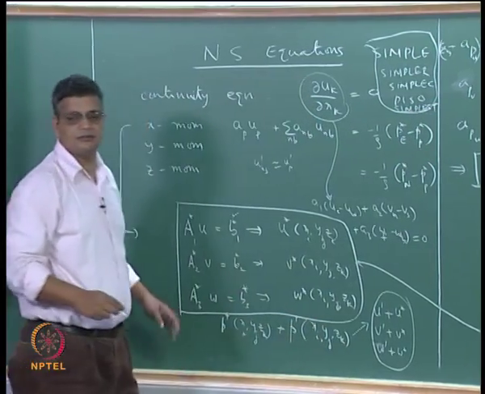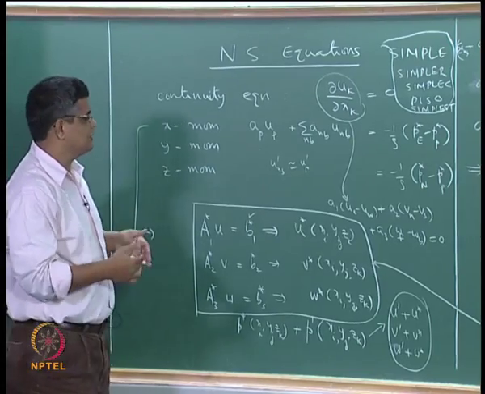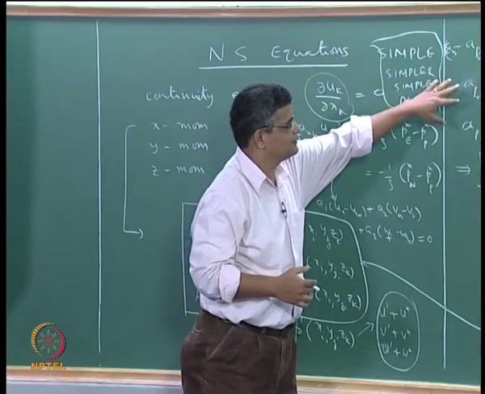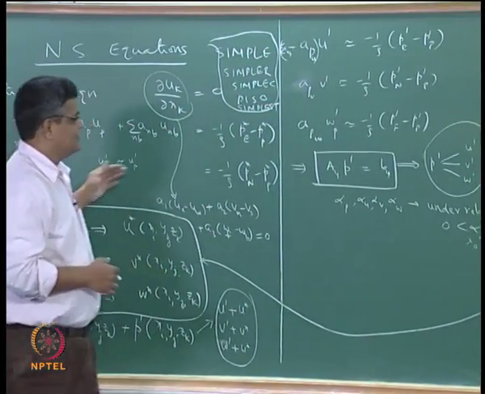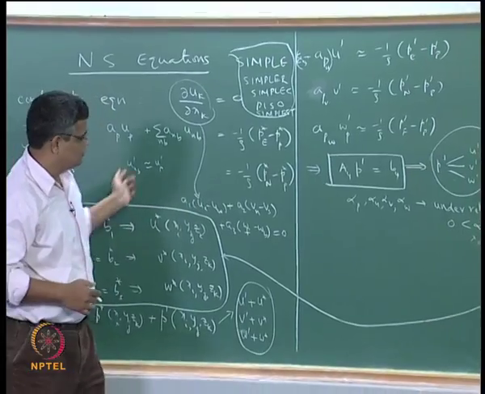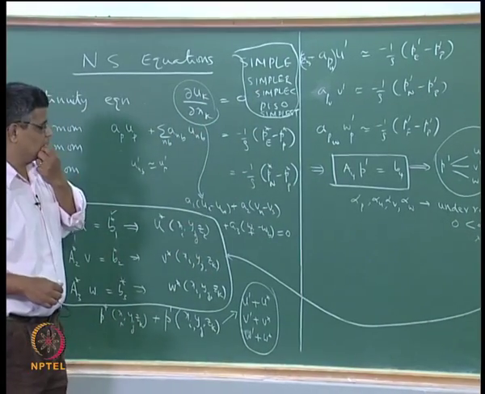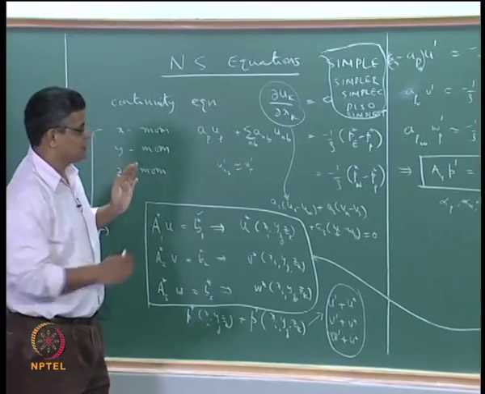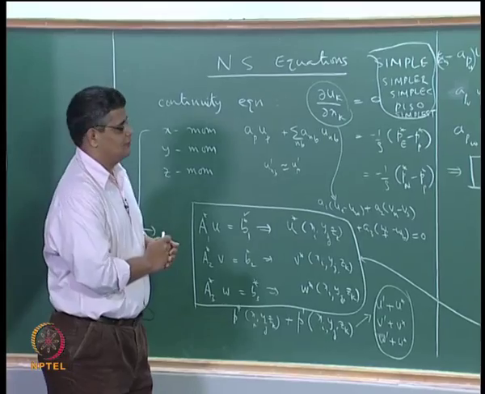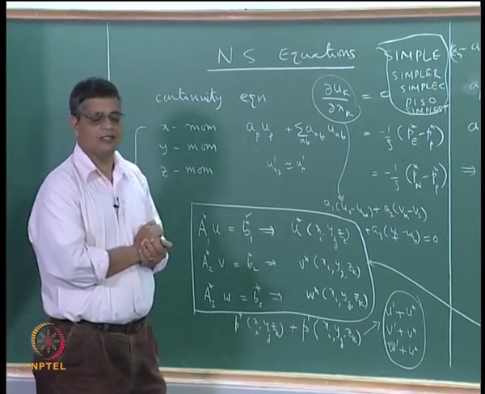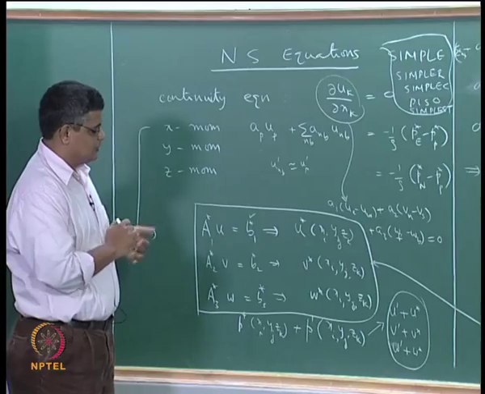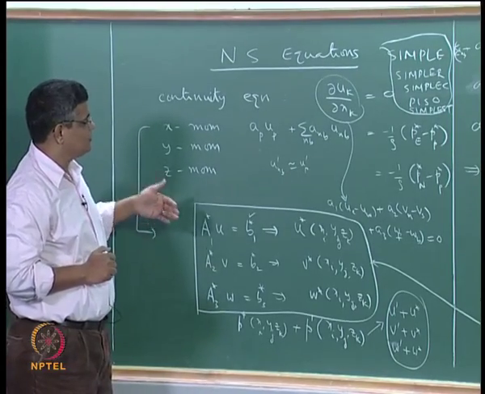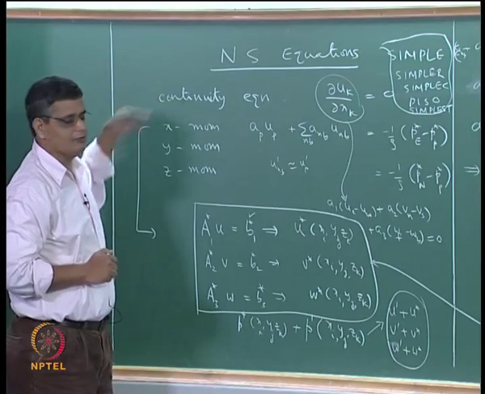These are all variants of the same idea with modifications centered around the evaluation of the pressure and velocity corrections coming from the pressure corrections, and how many times you do this before you do this entire outer iteration. So these are the kind of things, but essentially this is one good way of solving the Navier-Stokes equations. So with this we can claim that we know how to solve the Navier-Stokes equations.